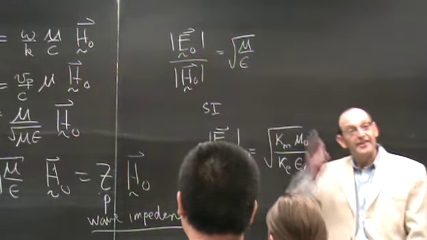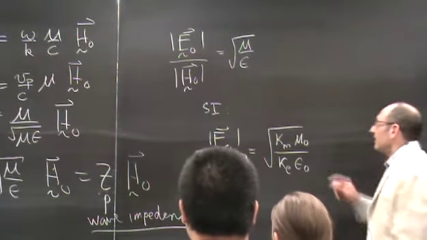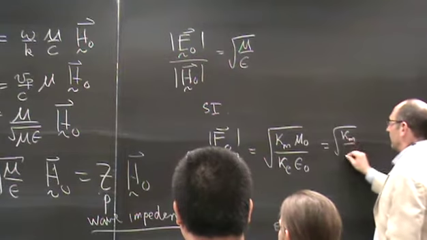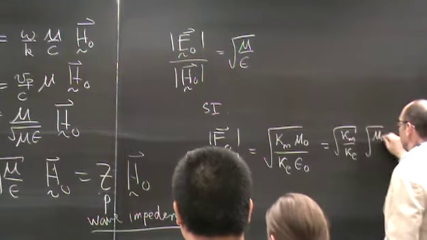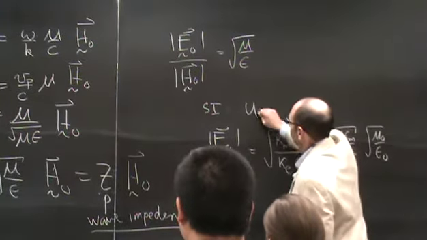Remember that from your undergraduate studies. We call these things dielectric constant. So this is the square root of kappa magnetic over kappa electric, times the square root of mu naught over epsilon naught. This is SI units.